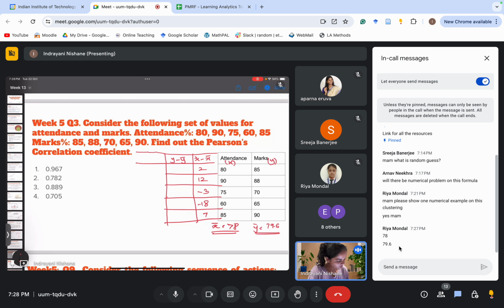So this was the x minus x bar value, and similarly y minus y bar. We will compute all these y minus y bar values in this table over here.